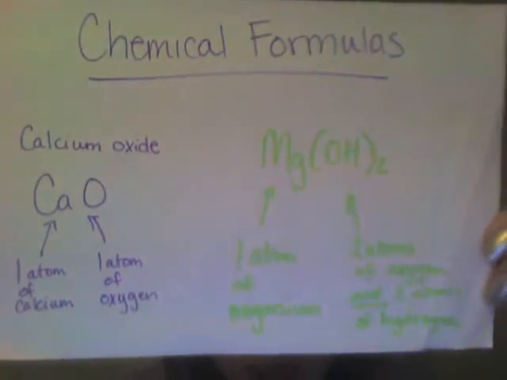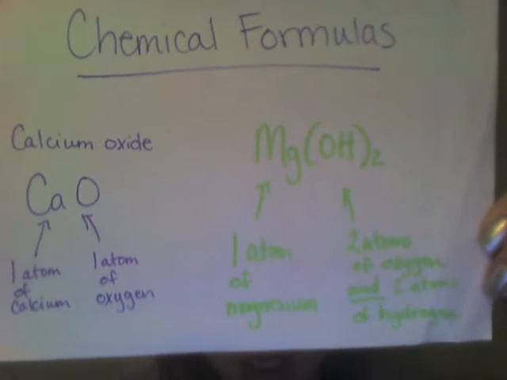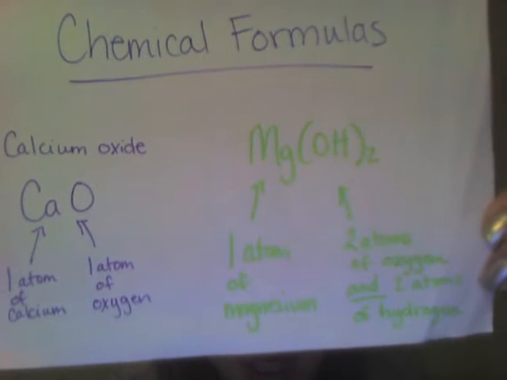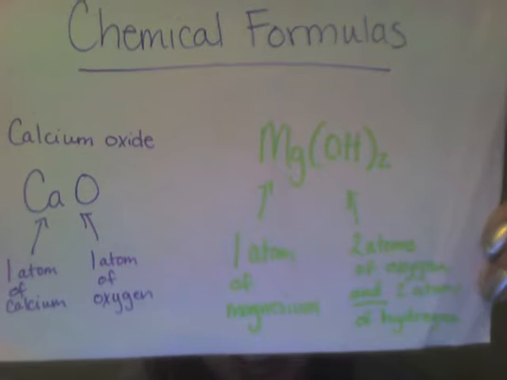And so to talk about chemical formulas, they're great and they tell us a whole lot about a compound. Those chemical formulas not only have the information of what atoms are in the compound, they tell us how many of that atom is in the compound. For instance, right here you have the chemical formulas calcium oxide and magnesium hydroxide. And calcium oxide looks like this, CaO.